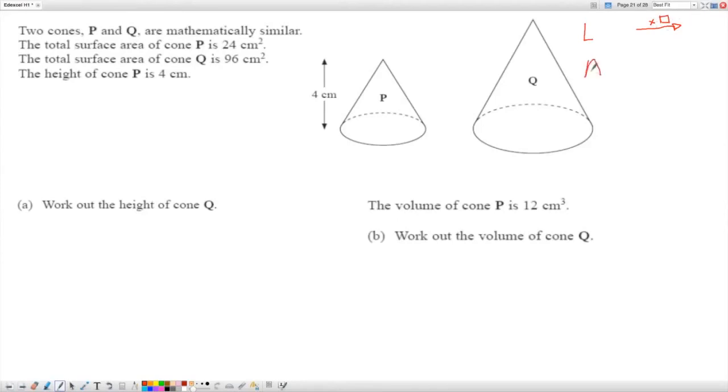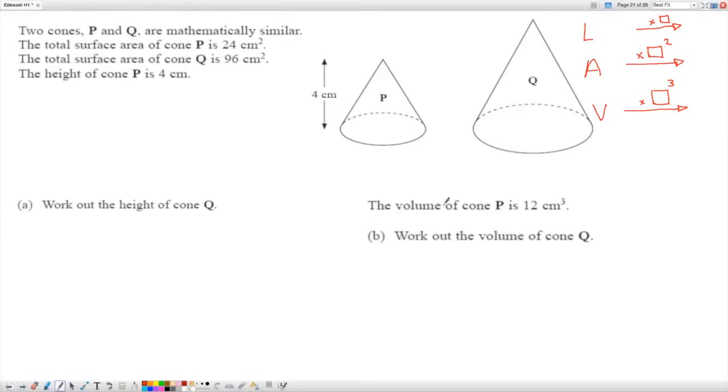When we're looking at areas and moving from the smaller to the larger, we multiply by the scale factor squared. When we're looking at volumes in 3 dimensions, we're timesing by the scale factor cubed, to the power 3. This is going to be helpful when we look at surface area and volume.